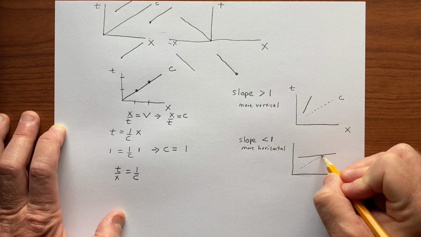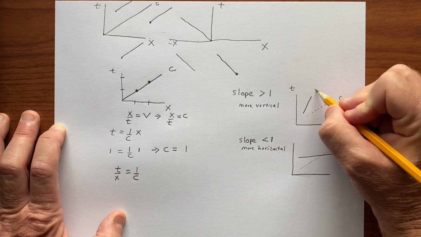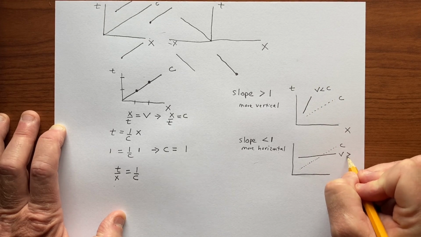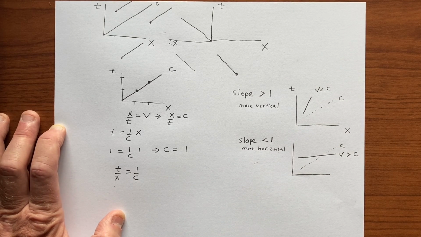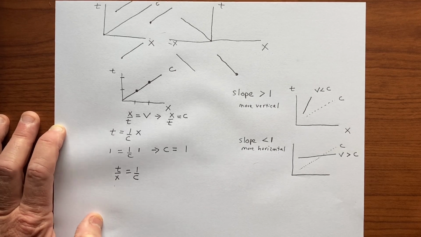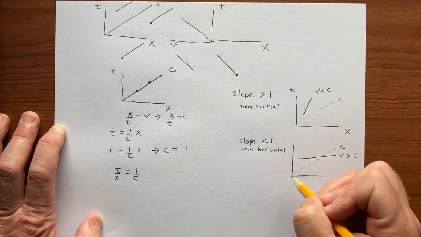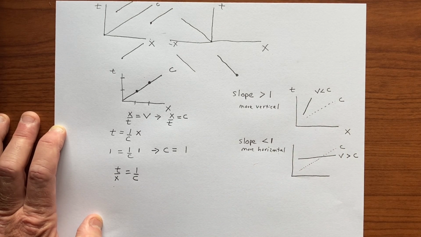So this would be c, this is speed less than c, and this would represent speed greater than c on the space-time diagram. Okay, so now we have a way of recognizing speeds that are close to the speed of light on the space-time diagram.